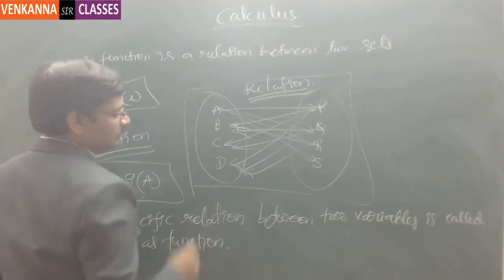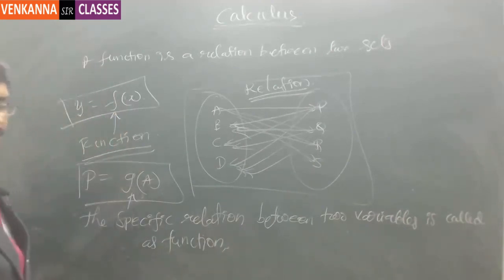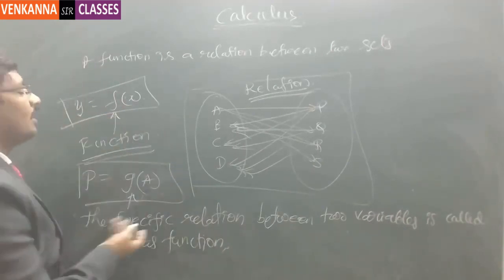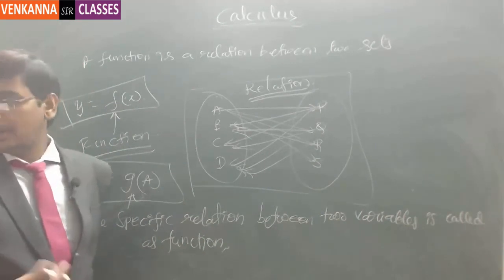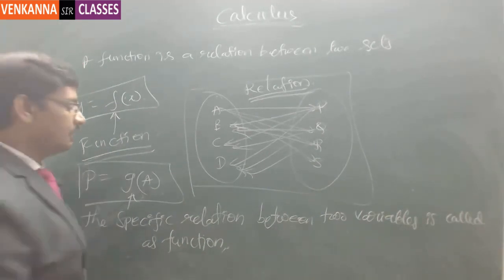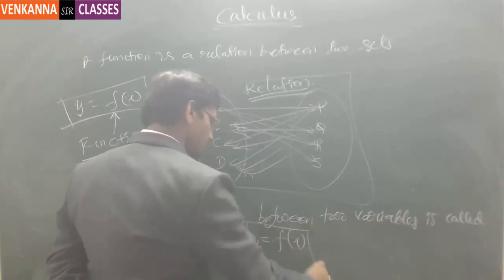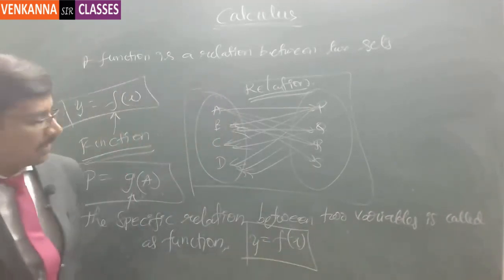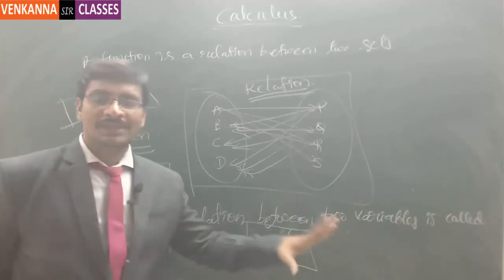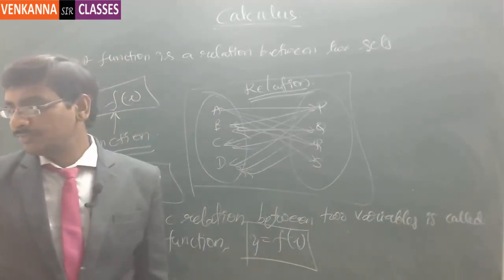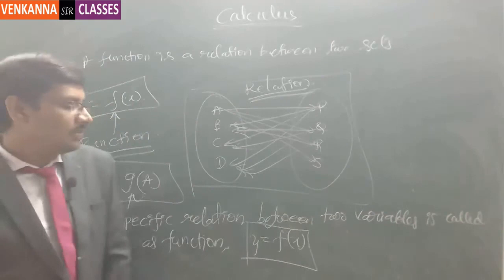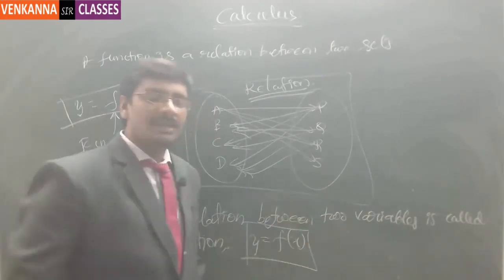Usually that will be given a name. That name is usually f or g or h or p or any random name you can think of, right? So y is equal to f of x is a function. To summarize, if you are able to express y equal to something, then that is a function.